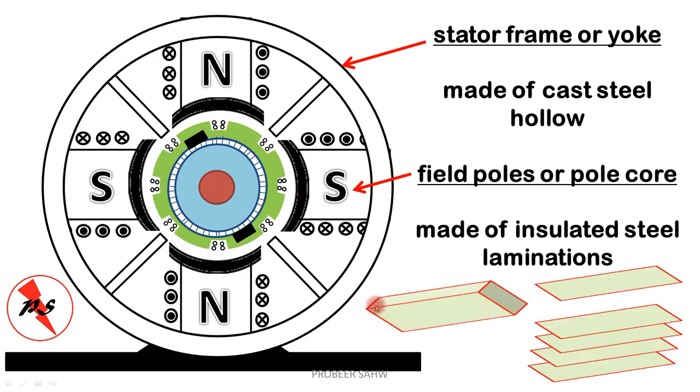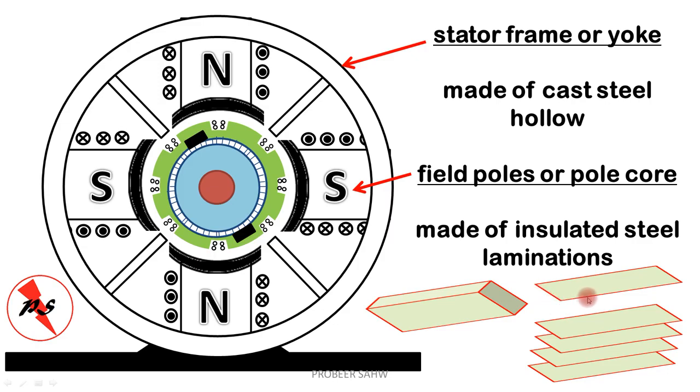If it is made up of a single piece like this, then the area through which eddy current will circulate will be broader, and then eddy current loss will be high. Whereas if we consider the thickness of this sheet of steel, it will have a very small path for circulation of eddy current. Therefore, eddy current losses will be less.